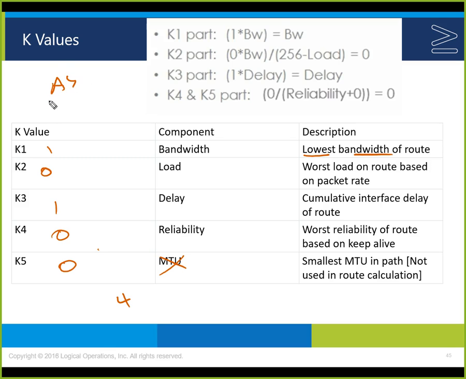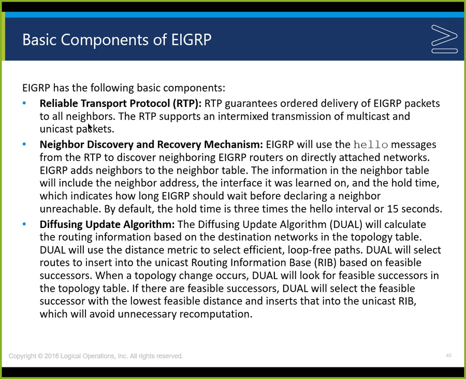Show IP protocols will show you the autonomous system number that's running on it, and it also showed us what the K values were. The K values have to match and the autonomous system numbers have to match. And we have to have advertised the interfaces. When I did the demo, you saw that immediately when I advertised EIGRP on the interface connected to the neighbor, the relationship was established with it at that point.